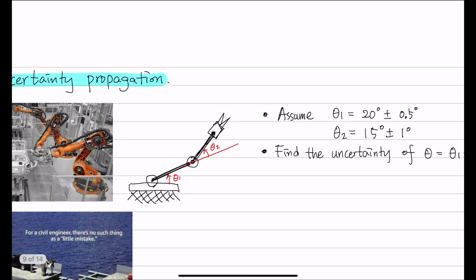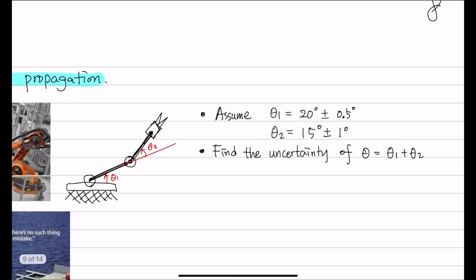Let's think about a case where we're trying to find the angle of this final position, like this angle. There's one angle sensor here and there, and they are measuring from this point and from that point. And we would like to find the uncertainty of theta, which is theta 1 plus theta 2.